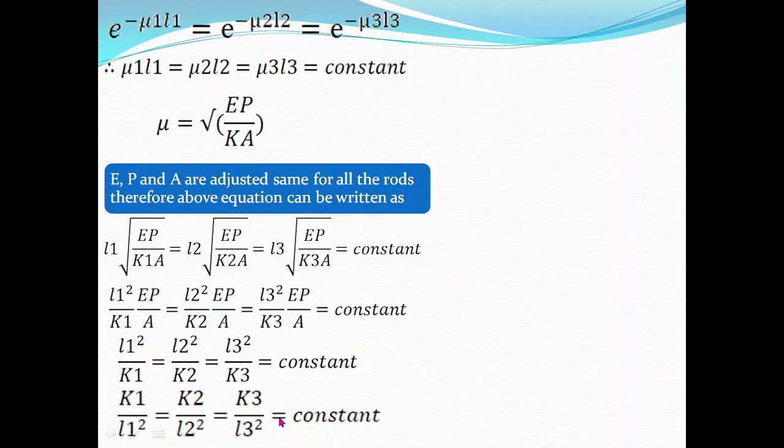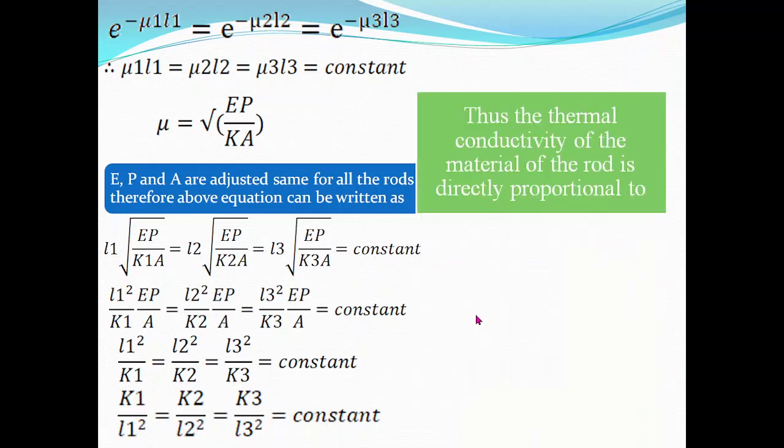This is true for 4, 5, 6, however many rods are inserted in the instrument. And therefore we can generalize this as K1 upon L1 square equal to K2 upon L2 square equal to K3 upon L3 square equal to K4 upon L4 square and so on. So using this relation, by experimentally calculating the values L1, L2, L3 and so on, we can compare the conductivities of various materials of the rods.